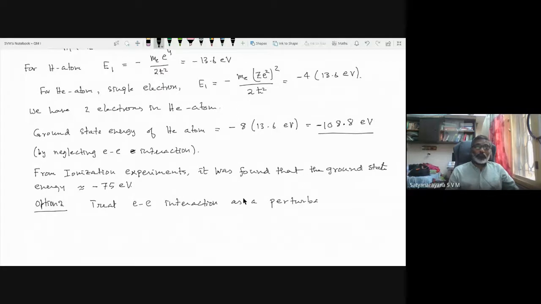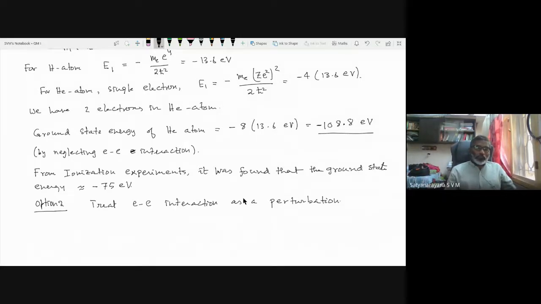Even though we did not discuss perturbation, I'm not going to do the calculation here. I'm just trying to say that if I use perturbation, without this term we solve the problem exactly, and then use this term to correct those energies. First order perturbation, second order perturbation, you can progressively incorporate corrections due to this term.